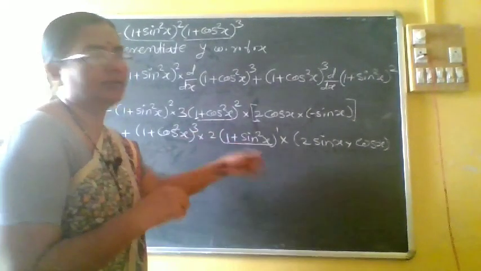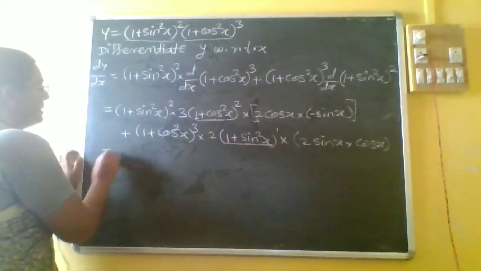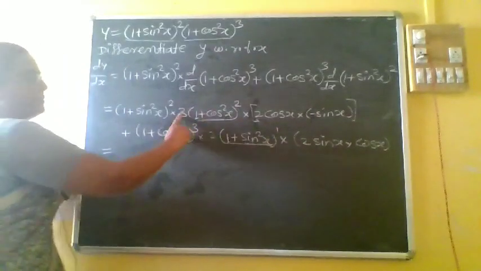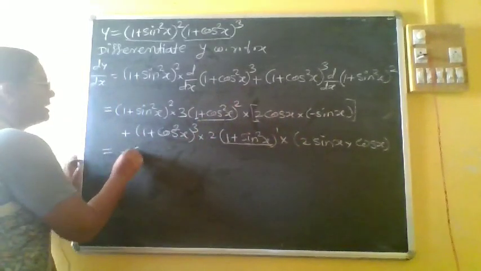So by simplifying, 3 into 2 is 6, and this has the minus sign, therefore minus 6.